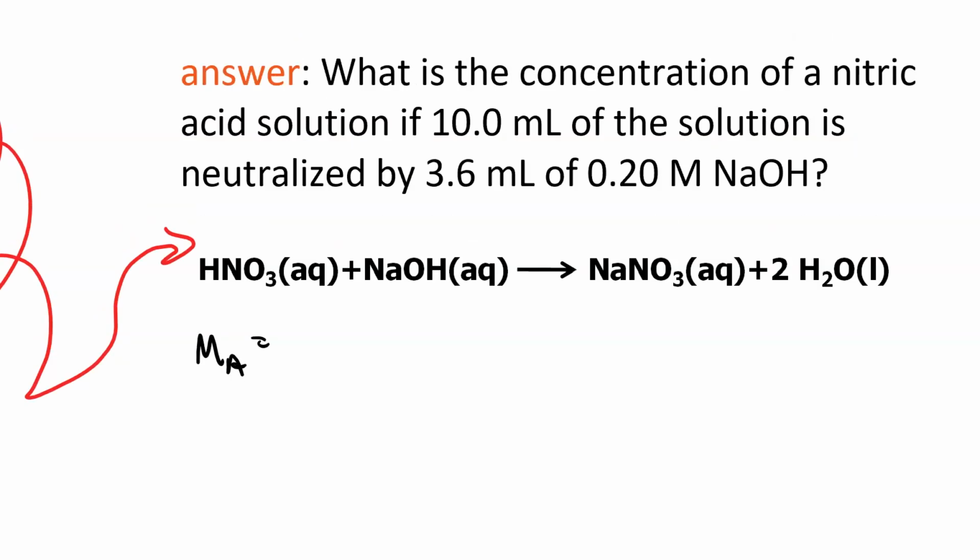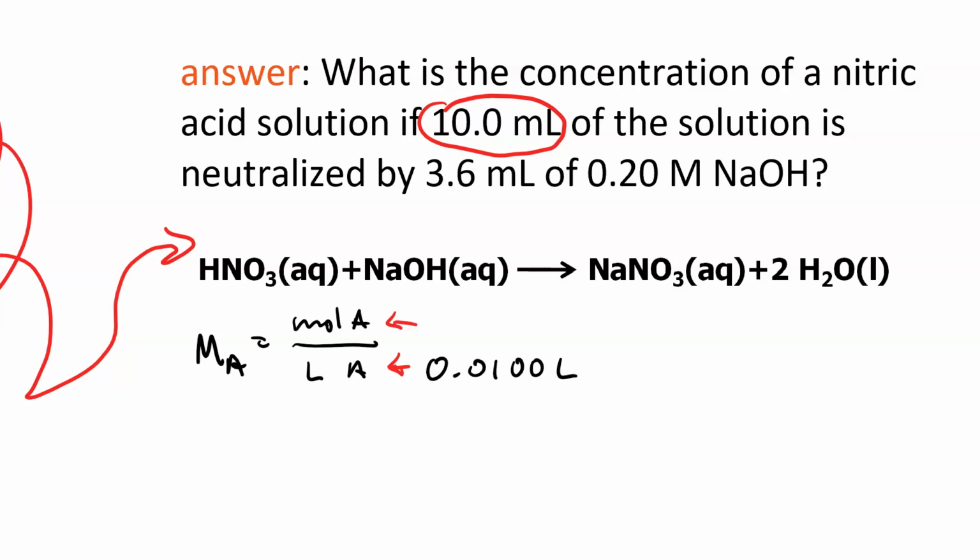So the molarity of the acid is going to equal the moles of the acid over the liters of the acid. Moles I get by stoichiometry. And liters, well, I've got 10 milliliters of the acid, so that's 0.0100 liters.